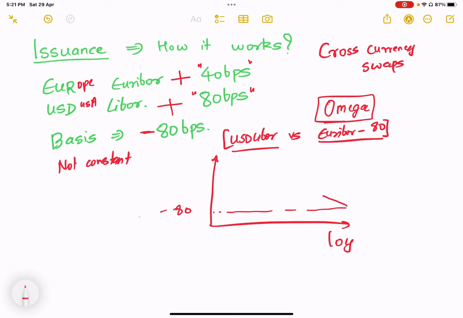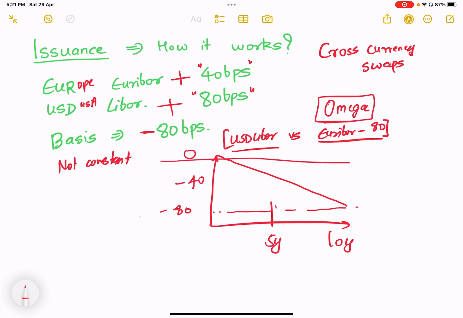And if I do it for maybe 1 year, it goes close to 0. I've drawn this graph in a very weird way. I mean, from minus 80, it goes to 0. But just to make it clear, this is 10 years. So at 5 years, it will be minus 40.